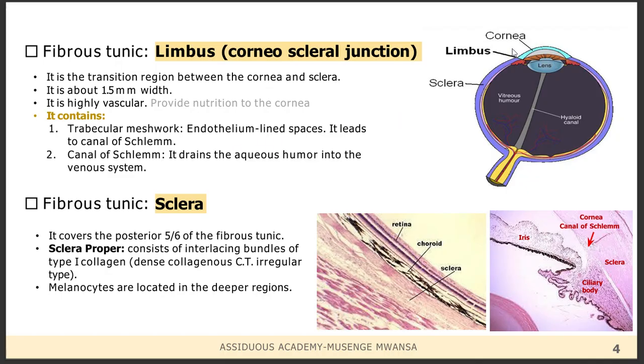So what is found on the limbus or the corneoscleral junction? We have got the trabecular meshwork, which is endothelium lined spaces. And these spaces, remember what I mentioned, the canal of Schlemm, that is where the aqueous humor will be able to drain. It is a meshwork.